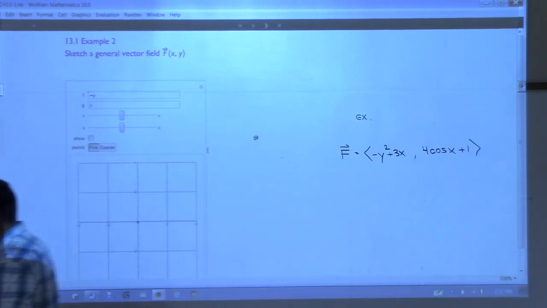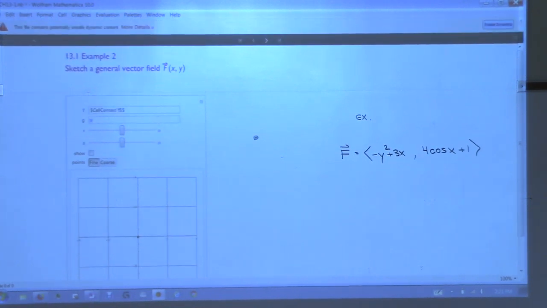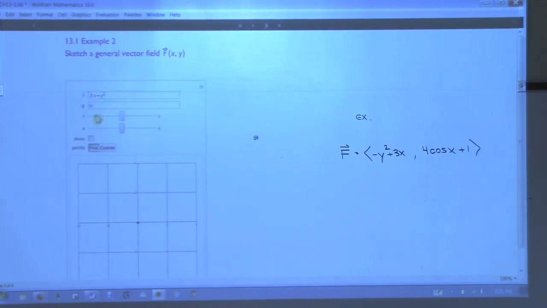Okay, so let's do that. Negative y squared, and then plus 3x. And for this one, we wanted 4 cosine of x and then plus 1. Here we go. I'm going to start having the computer do this for us. As I move, look at our vectors.